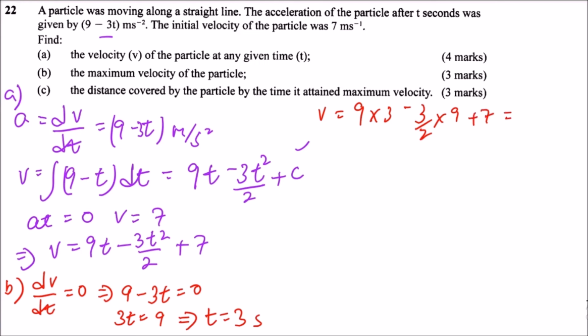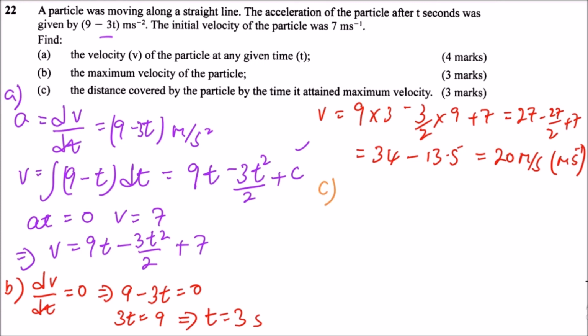This will give you 27 minus 27 over 2 plus 7, which when you work it out is 34 minus 13.5. So the maximum velocity comes to 20.5 meters per second, or you can also write it as 20.5 m s inverse 1. So that is how you get the maximum velocity.